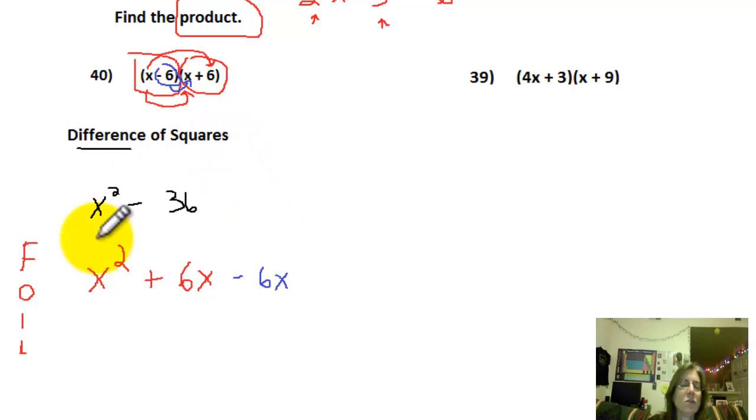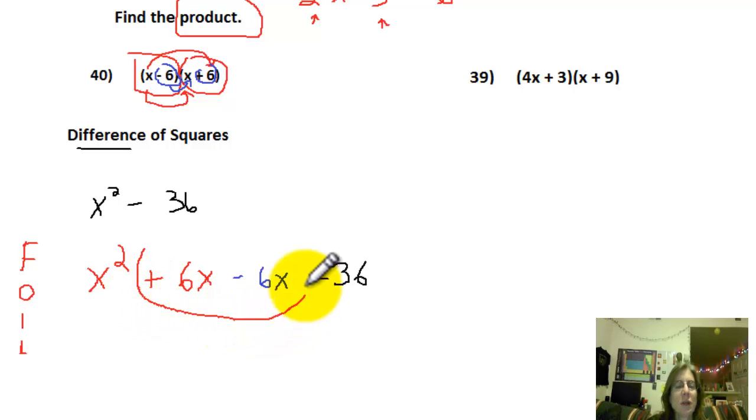And now we're going to do the last, L is for last, and that's that negative 6 times a positive 6, the last ones in the parenthesis groupings. And negative 6 times positive 6 is a negative 36, sorry. We're going to combine our like terms. Our like terms are in the middle.